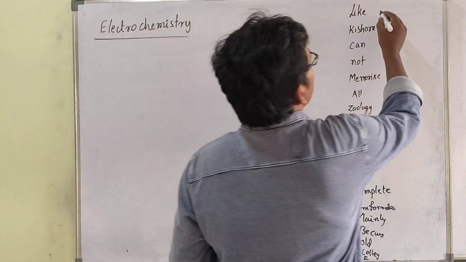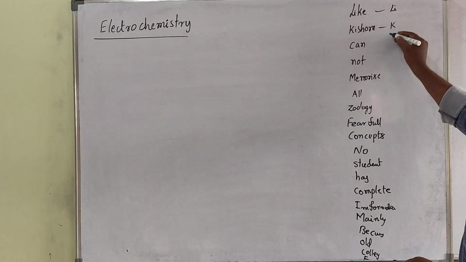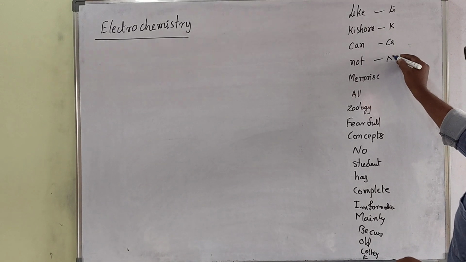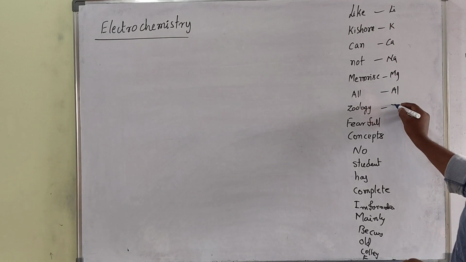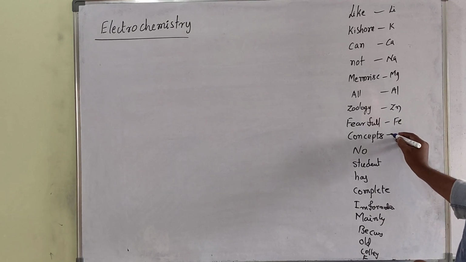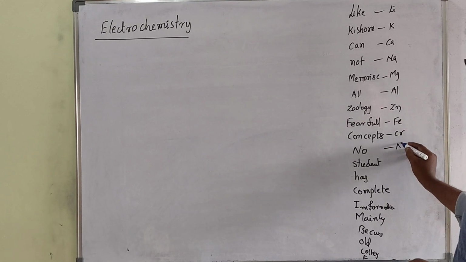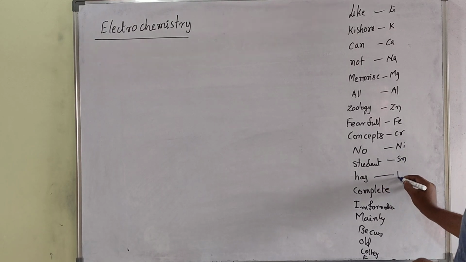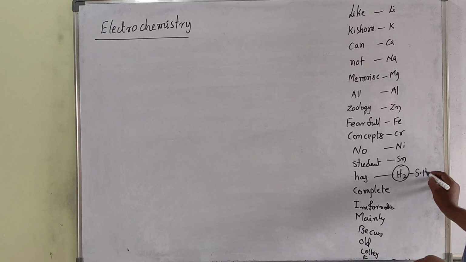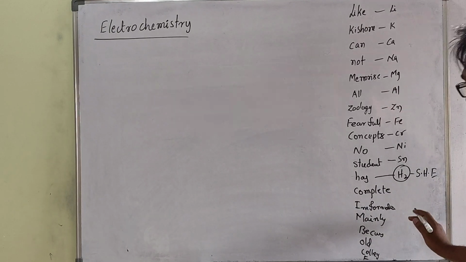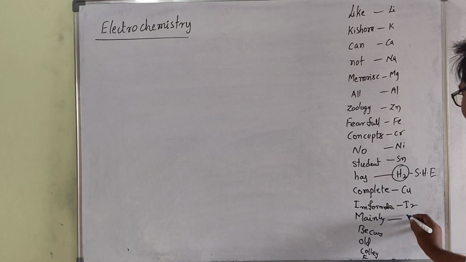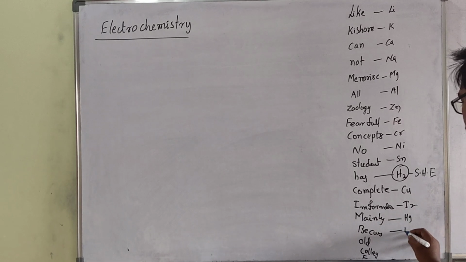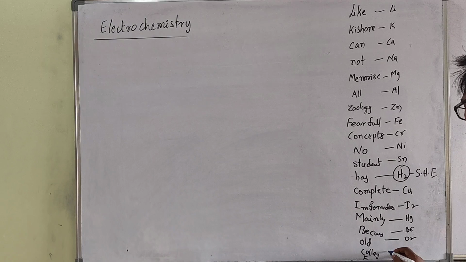So lithium, potassium, calcium, sodium, then magnesium, aluminum, zinc, iron, chromium, nickel, tin, then H2, that is SHE, standard hydrogen electrode, then copper, iodine, mercury, bromine, then O2, Cl2, then finally F2.